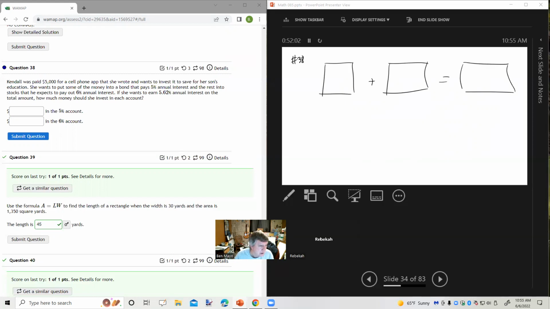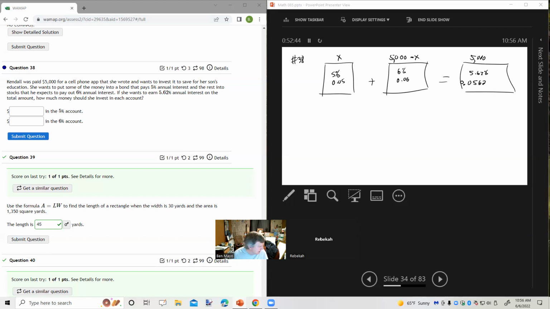Let's see here. You said boxes. So here's boxes. All right. She's going to invest part of it at 5%, and the rest of it at 6%. And together, it's going to earn 5.62%.